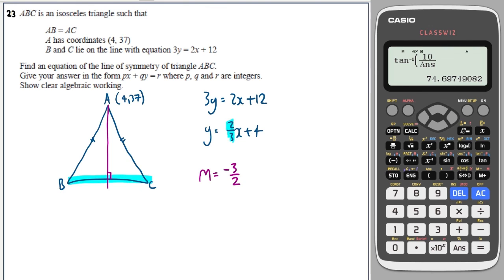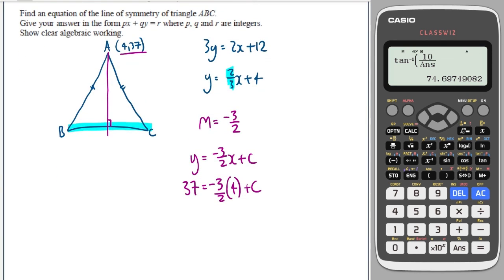So that's the gradient, and we also know it goes through A. So I can write y is equal to minus 3 over 2x plus c. I can sub in a point on my line, which is point A. This is going to give me 37 is equal to minus 6 plus c, so c is equal to 43.